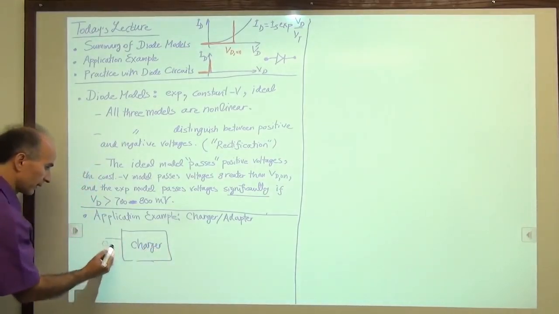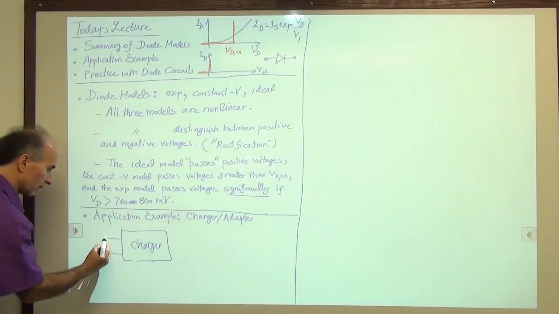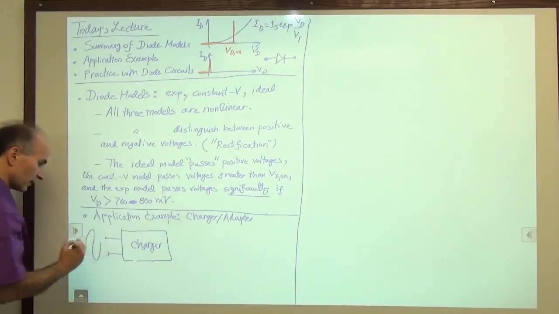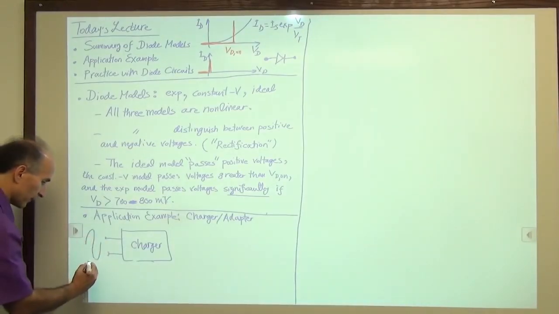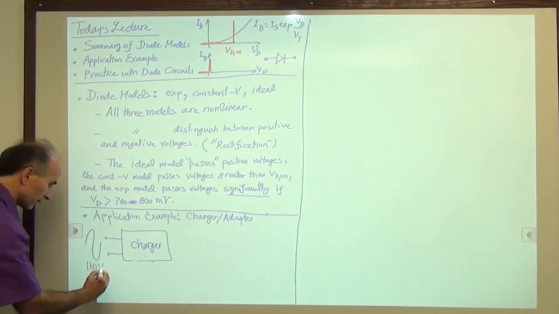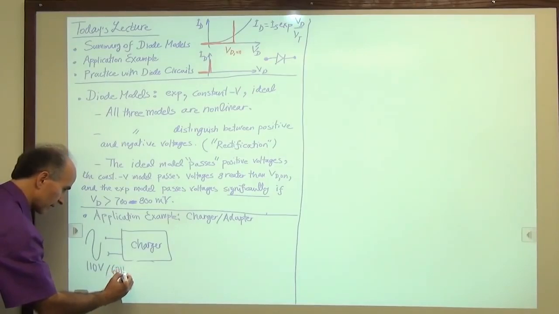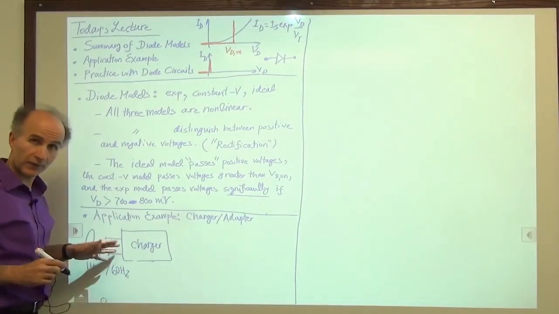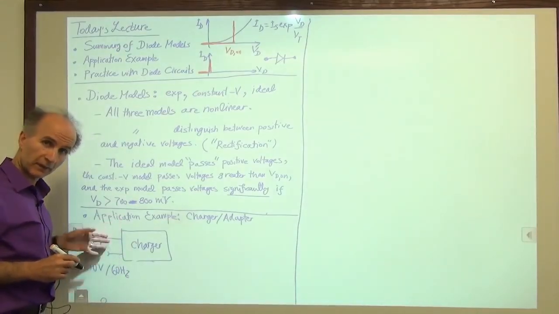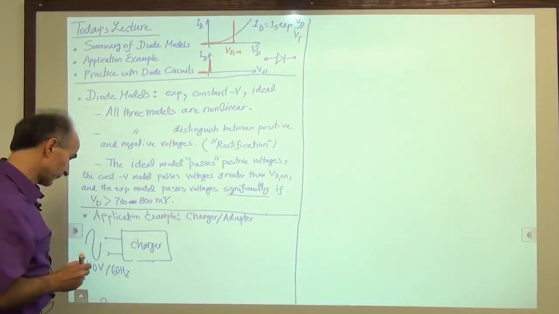And on this side, it receives an AC voltage. We say, for example, 110 volts and 60 hertz, meaning 60 cycles per second. It's a large voltage, and of course that's not something we want to touch because it can be quite damaging.